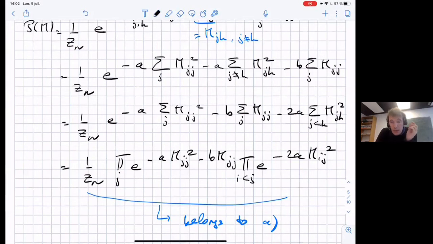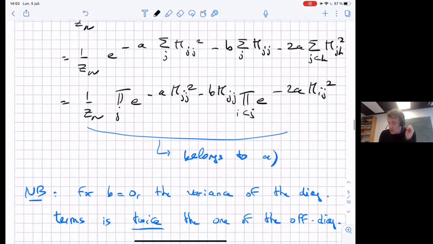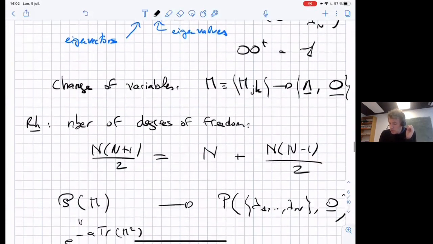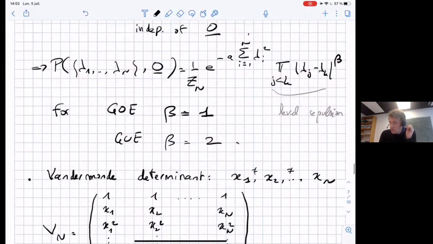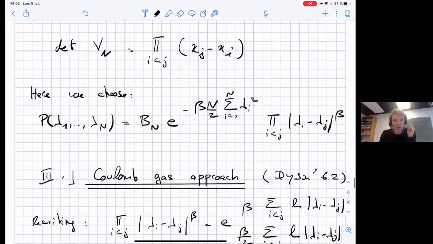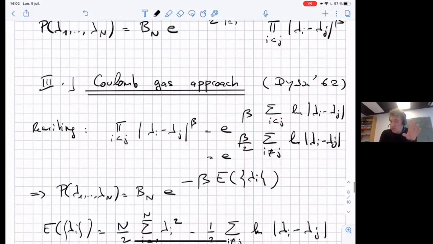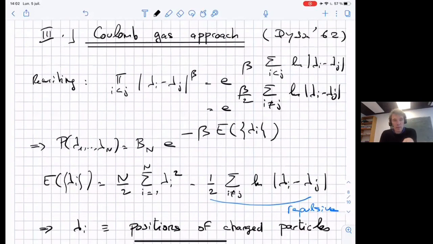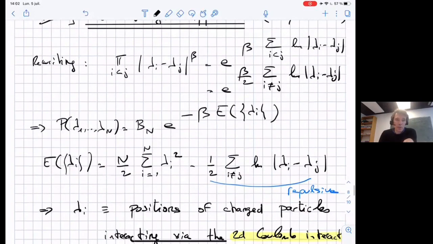Okay, great. Next question: since there is no kinetic term, how do we define the dynamics, the equations of motion, of these charged particles? Well, you have a Hamiltonian, which is the kinetic energy plus the interaction part, the potential energy. The potential energy includes the interaction between the particles and the confining energy.